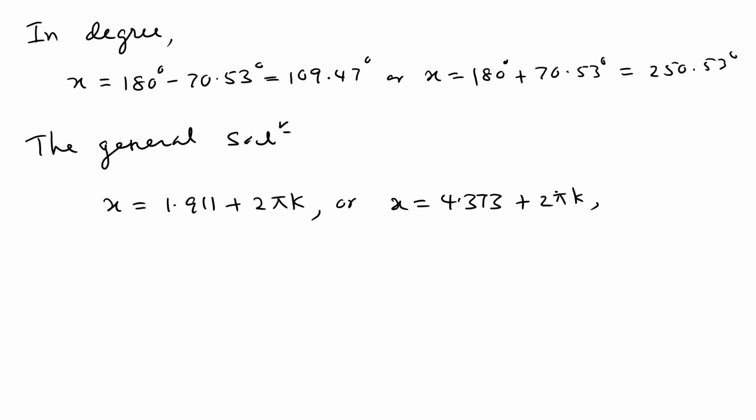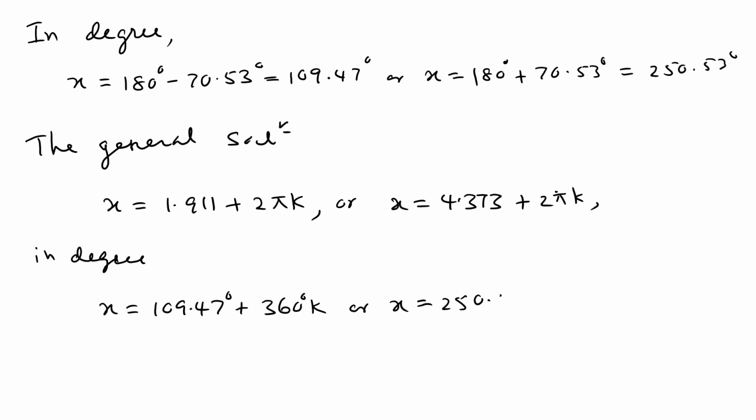In degrees, you can write x equals 109.47 degrees plus 360 k, or x equals 250.53 plus 360 k, where k is an integer.